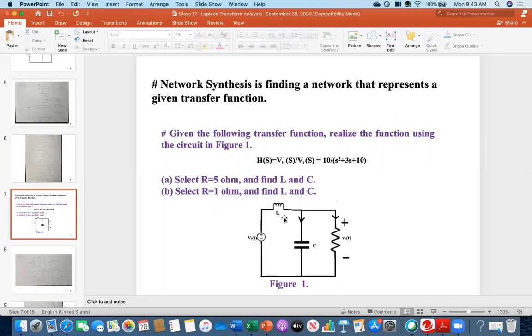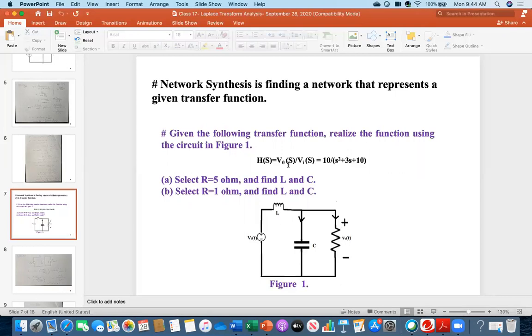This is V i(t), this is V naught(t), but its transfer function is given. So this means definitely this transfer function has been developed based on those missing parameters. So that's the question, what are the missing parameters?